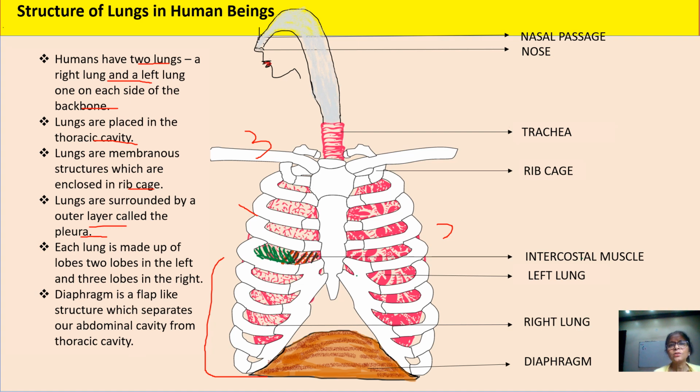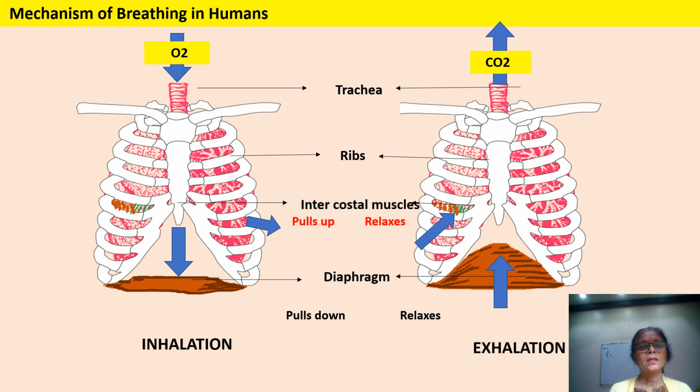The trachea, which is a passage of air coming from the throat, is surrounded by cartilaginous rings. These rings prevent the trachea from collapsing. In humans, the air is taken in through the 2 openings of the nose, which are known as nostrils.